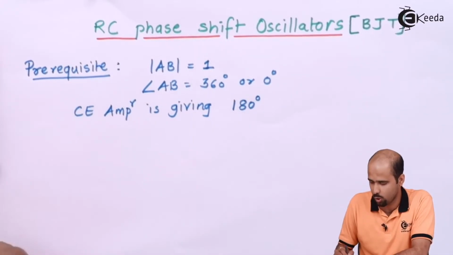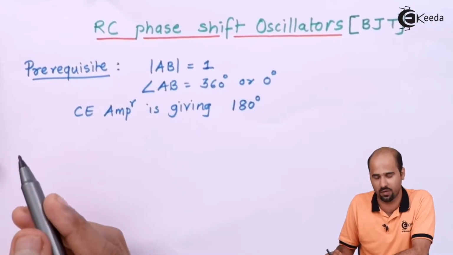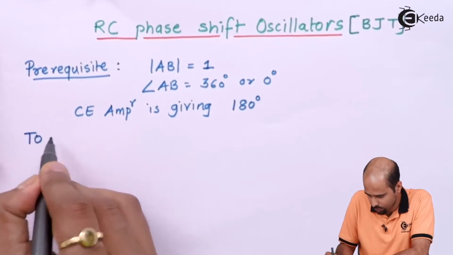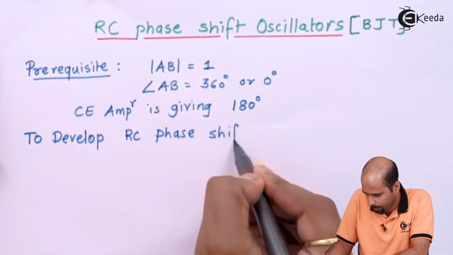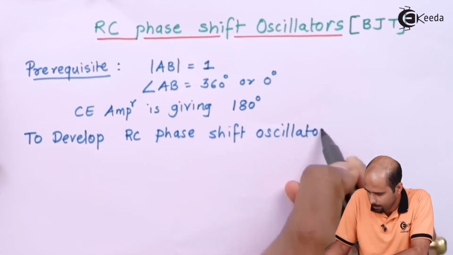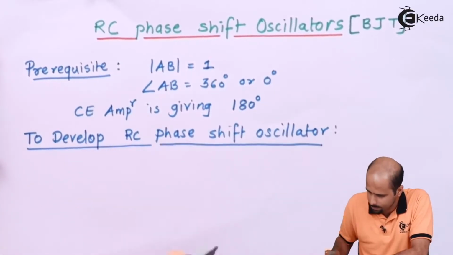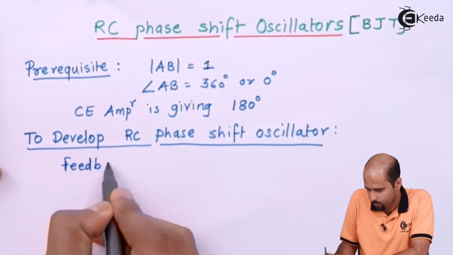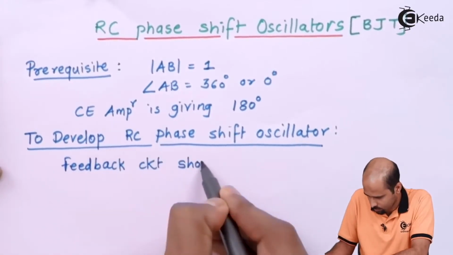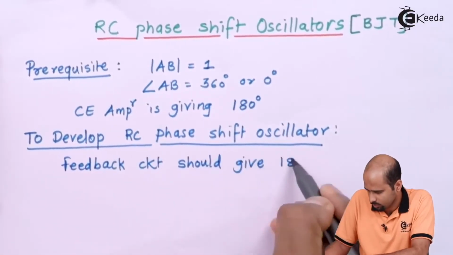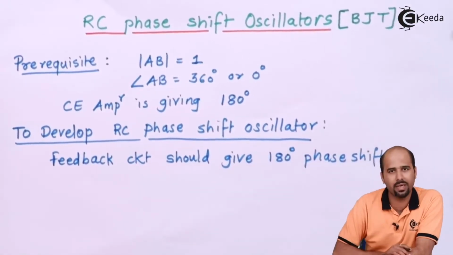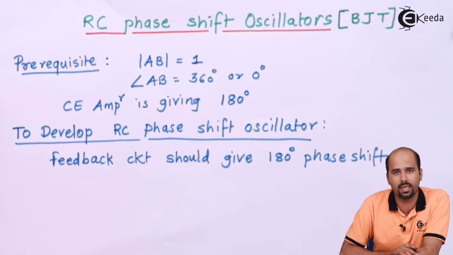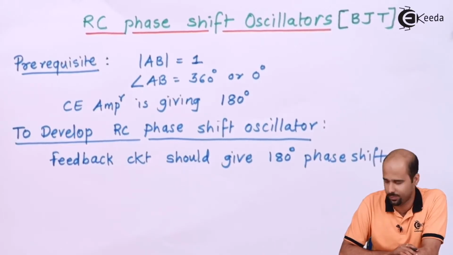So this is how the prerequisite is. Now to develop the RC phase shift oscillator, what do we have to do? My feedback circuit should give me 180 degree phase shift, right?